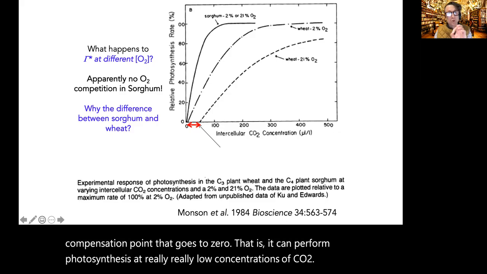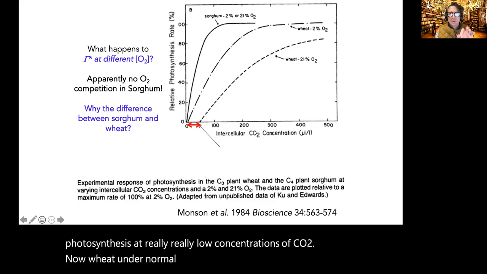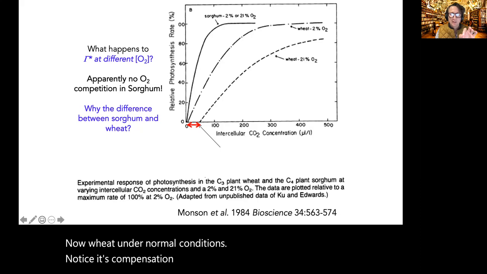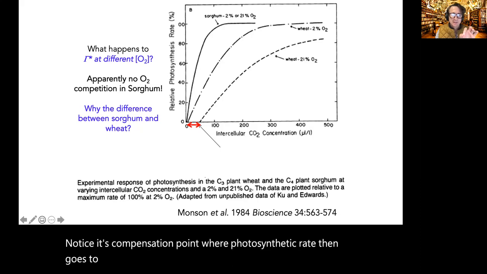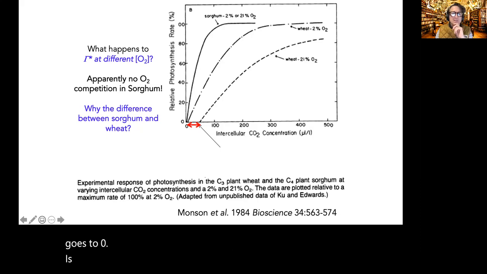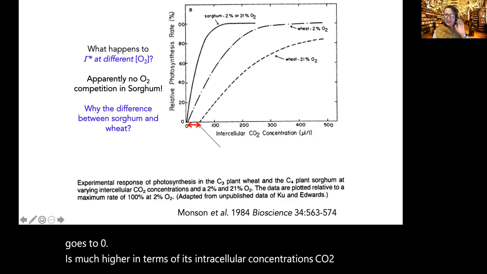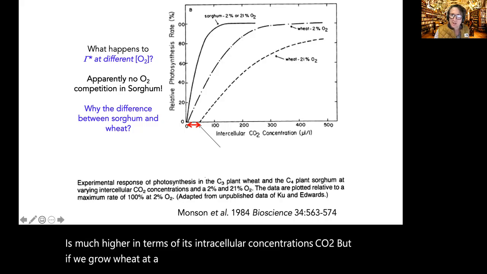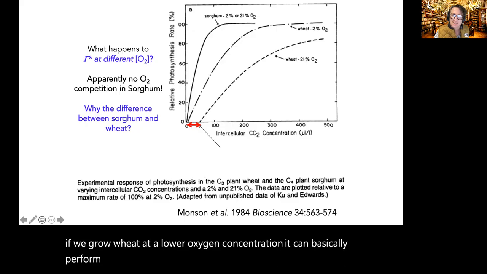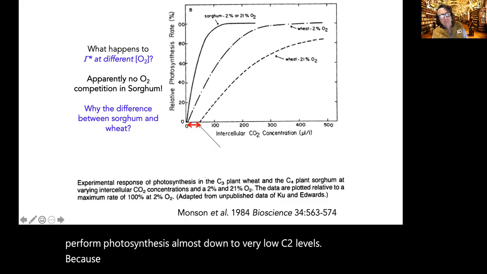Now, wheat, under normal conditions, notice its compensation point, where photosynthetic rate goes to 0, is much higher in terms of its intracellular concentration of CO2. But if we grow wheat at a lower oxygen concentration, it can basically perform photosynthesis almost down to very low CO2 levels because we're limiting photorespiration.